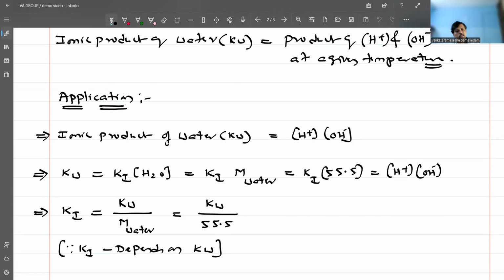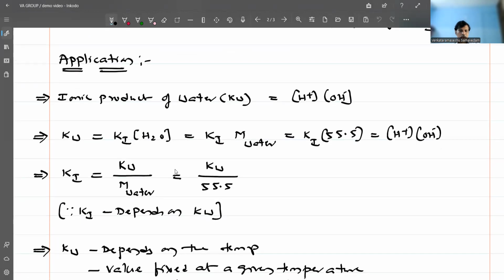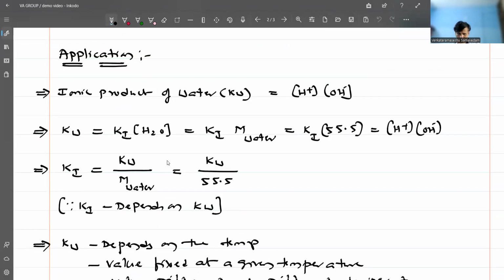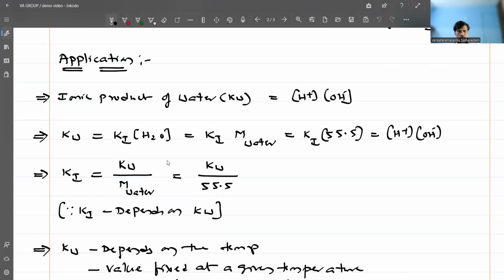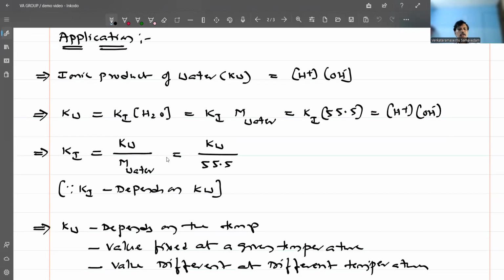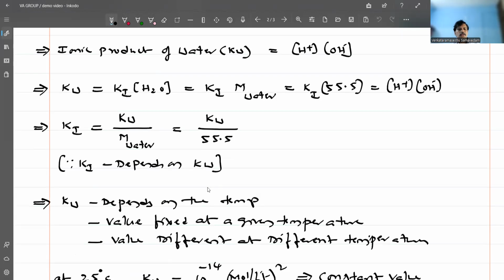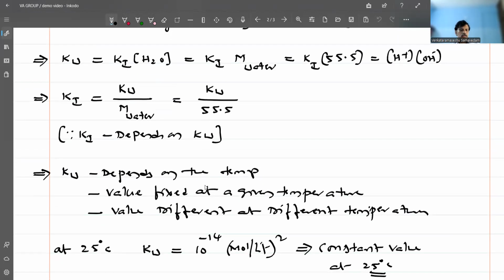And Ki is nothing but Kw by the molarity of water. So if you want to find K, 100% you have to know Kw. If you want to know Kw, you have to know at what temperature the water is present. Therefore, Kw depends on the temperature. At a given temperature, Kw is fixed. At different temperatures, Kw will vary.